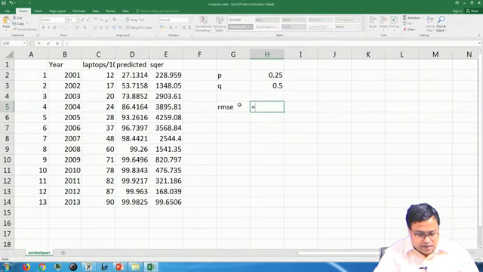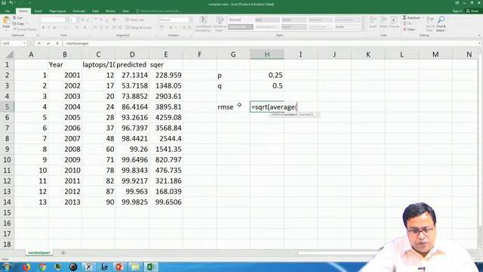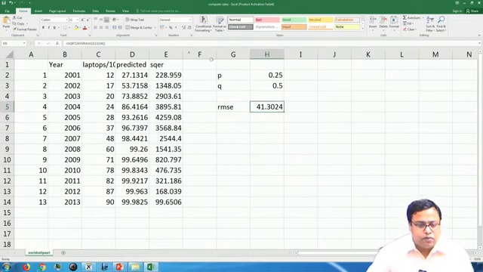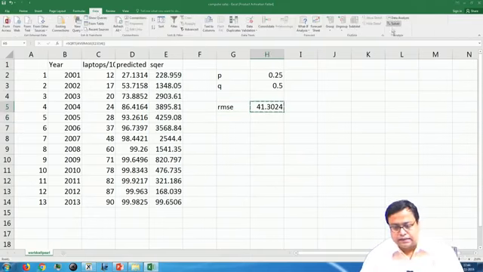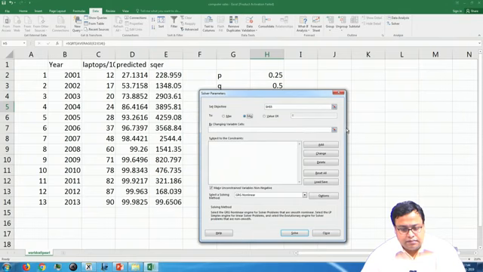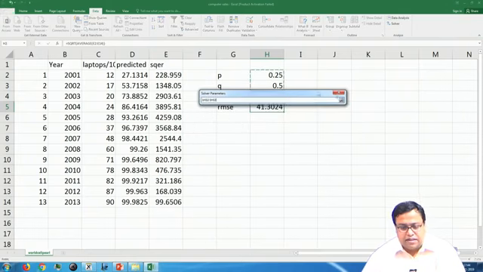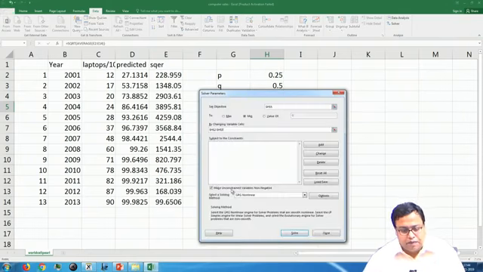RMSE is nothing but square root of average of this particular column, and I have to somehow minimize this by changing P and Q, that is the one that I do not know. Now, remember P and Q has to be positive, it cannot be negative, I cannot have a negative proportion.